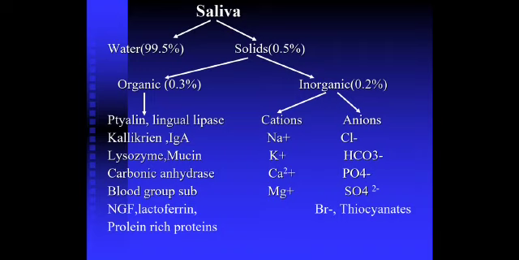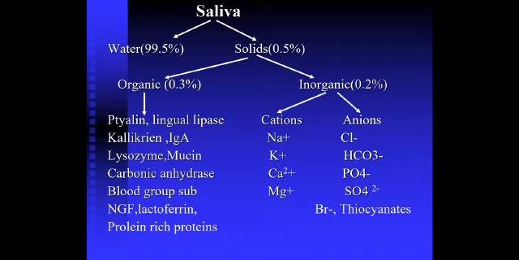The important organic constituents of saliva are salivary amylase, also called ptyalin, lingual lipase, kallikrein, IgA, lysozyme, mucin, carbonic anhydrase, blood group specific substance, nerve growth factor, lactoferrin, proline rich proteins, and it has 0.2% inorganic, which is cations and anions.